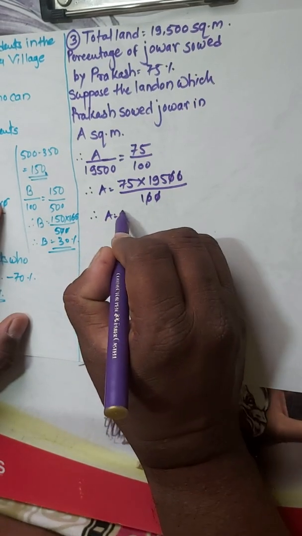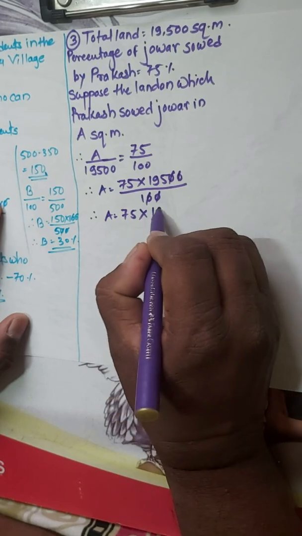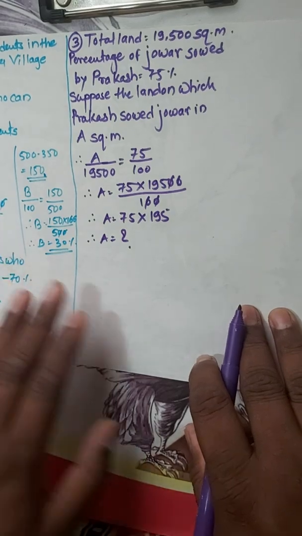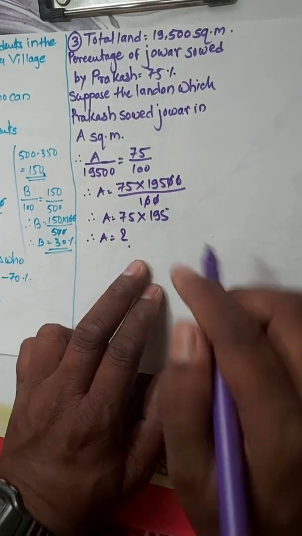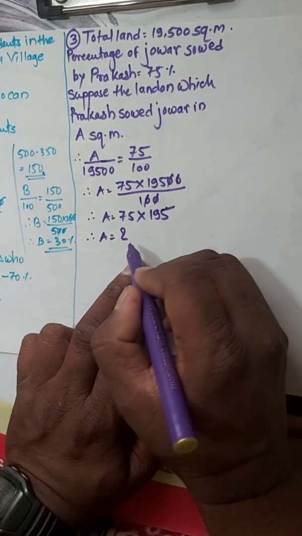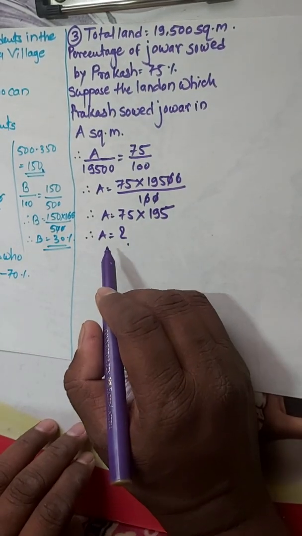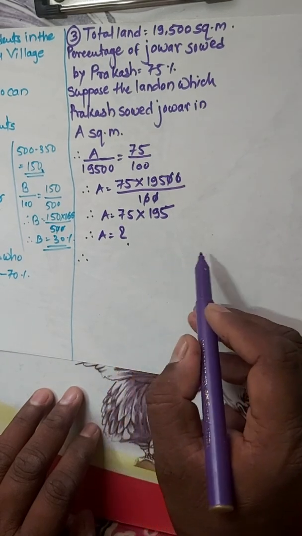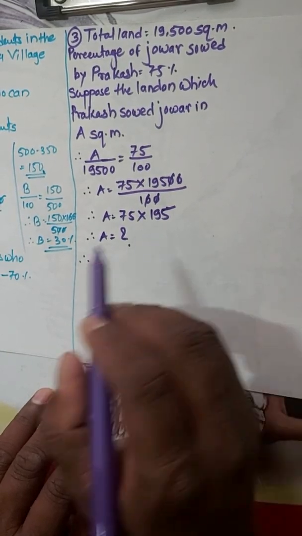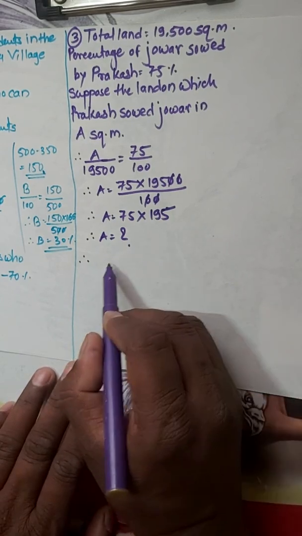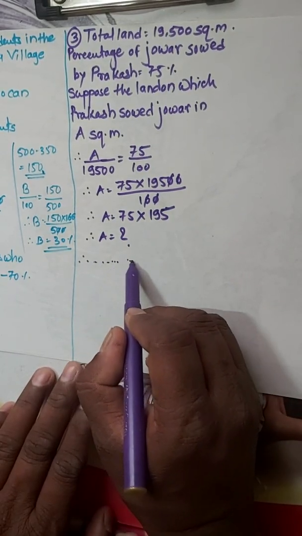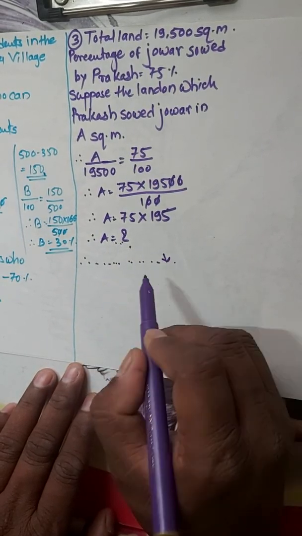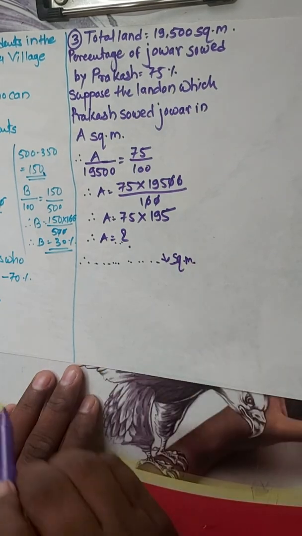Therefore, A is equal to 75 multiplied by 195. Here you have to do the multiplication and then you will get A. And therefore, you have to write, therefore Prakash sowed jawar in dash dash square meter. So this way you have to write the full sentence, whatever answer you got you have to write here, square meter.